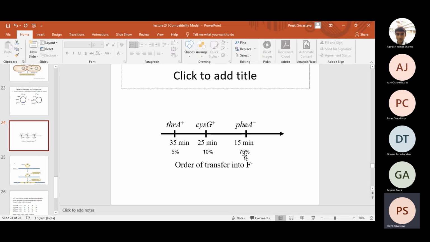Are you following this or no? Then the second marker was cysteine and the third marker was threonine. So this is the order of transfer into F minus, right?